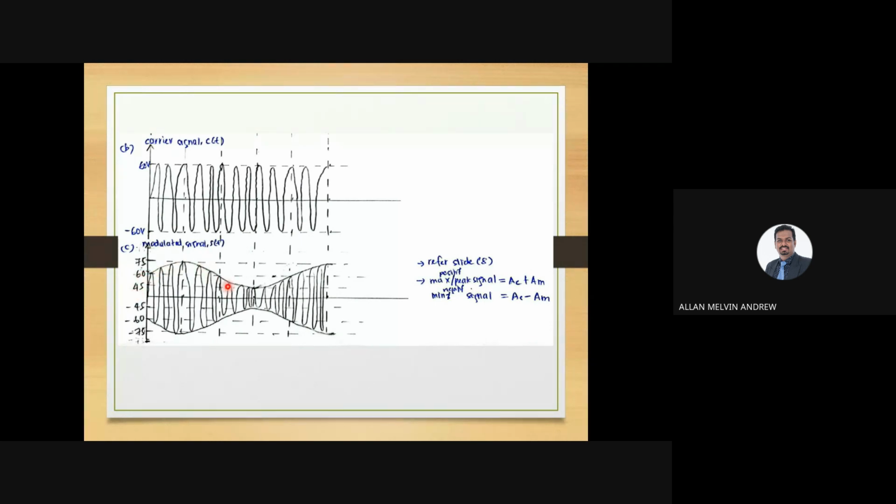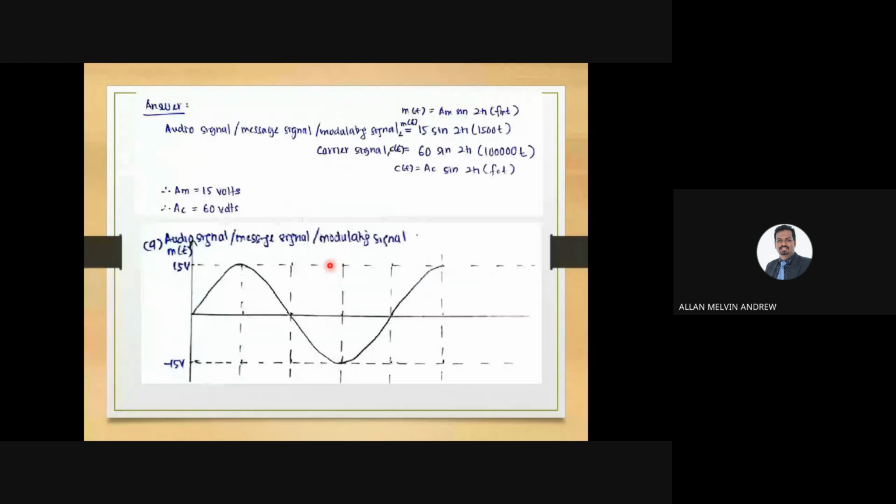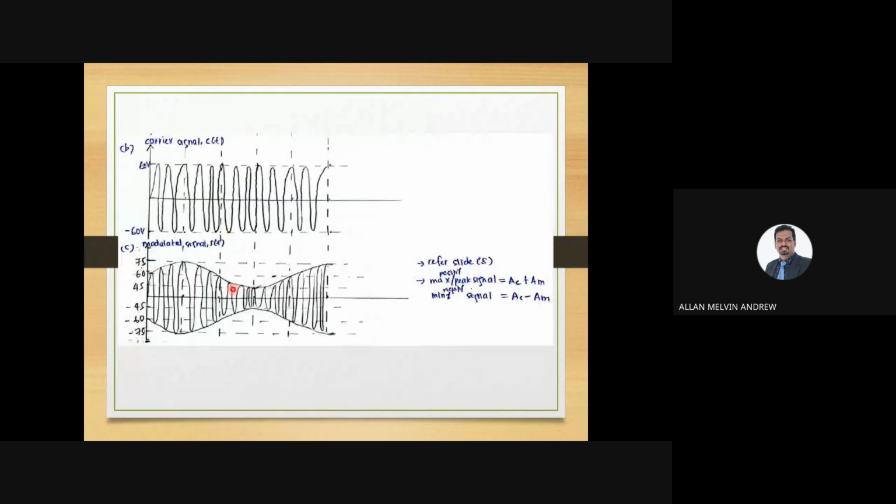So it will oscillate here. So this waveform is actually this waveform. Similarly on the opposite direction, -60, it goes until -75, then goes up until -45, then it will go down.